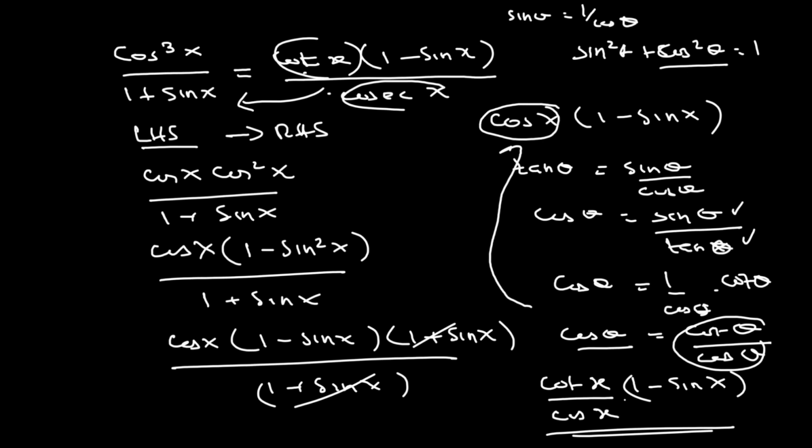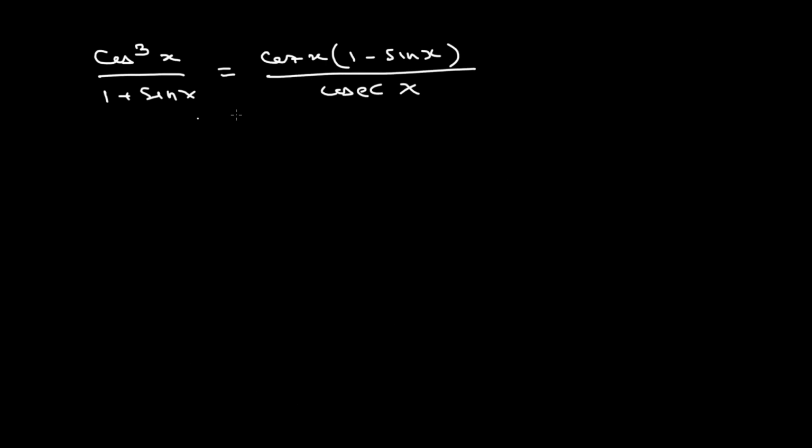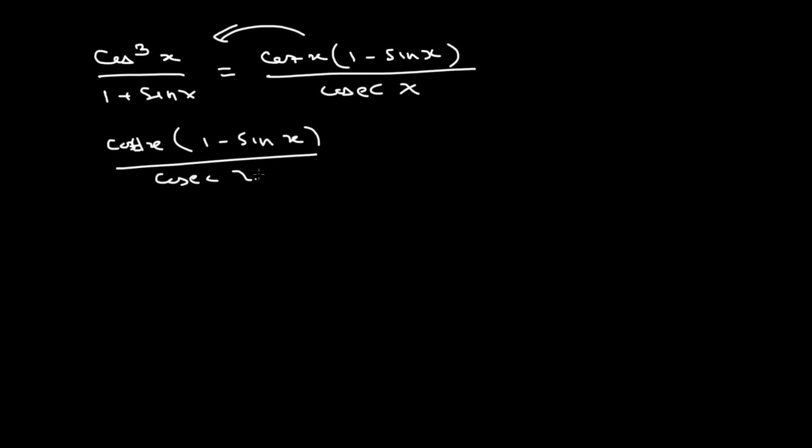All right, let's try another one. All right, so the same one, let's try to show it from here going this side. So we have cot theta, cot x, 1 minus sine x. Okay, then we have cosec x. So what happens here? We're going to try and simplify this. So this one will give me cos x over sine x.